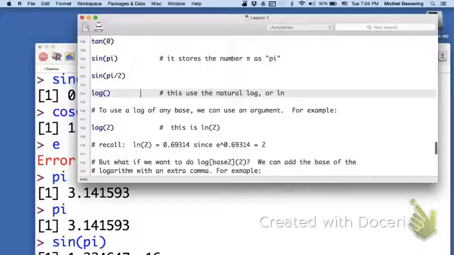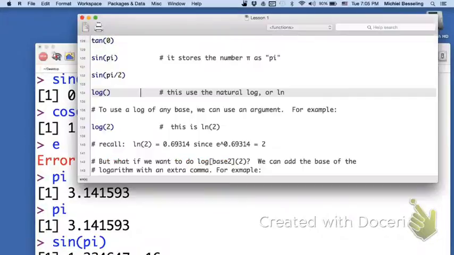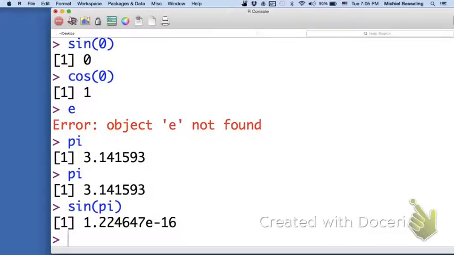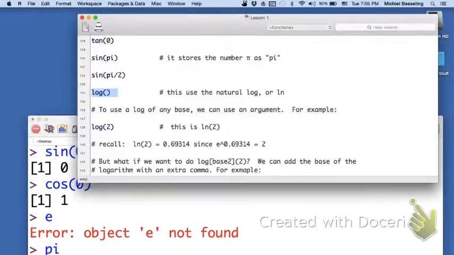So we have to be a little careful with logarithms because what we're used to when we put log in our calculator is base 10. If we just use log in R, it's going to automatically use the natural log. If that means anything to you, hopefully it means something to you. The natural log is base e, but we can change it.